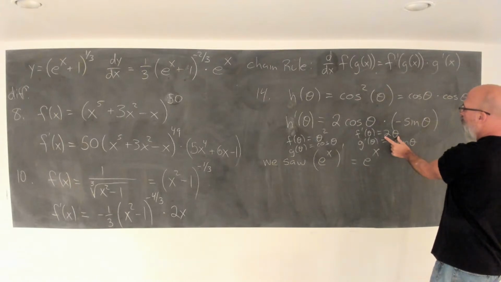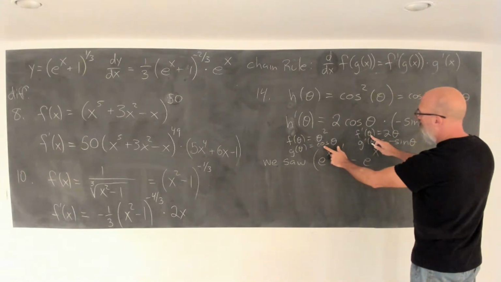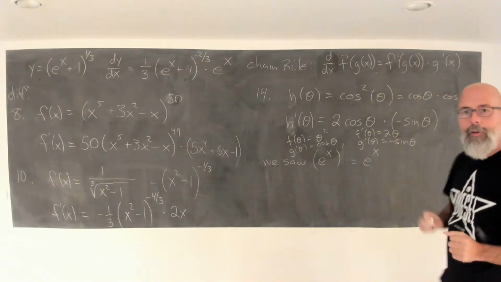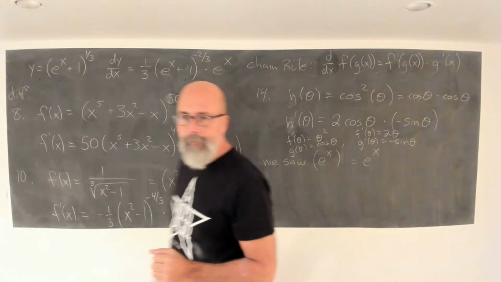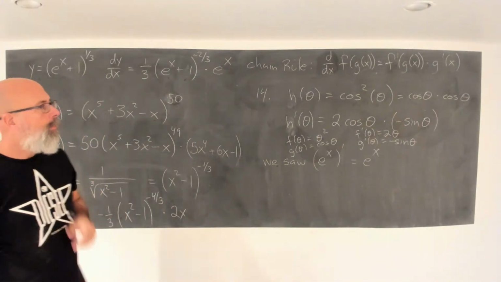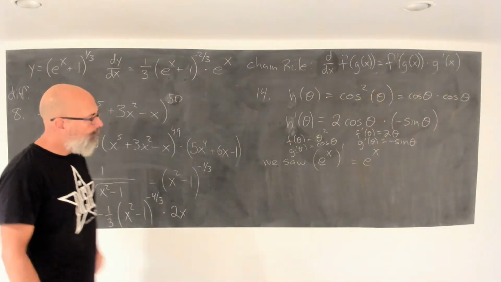So write 2 theta, where theta is replaced with cosine, so you get this part, and then that's g prime. This answer would be simple enough for now.